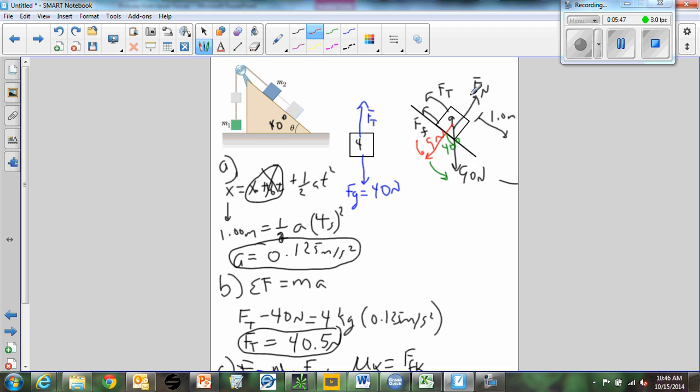That means my normal force is equal to 69. And then the green part is mg, which is 90, times sine of 40, and that gives me 58 newtons. That means there is 58 newtons worth of gravity pulling this object downhill. I already know tension is equal to 40.5.